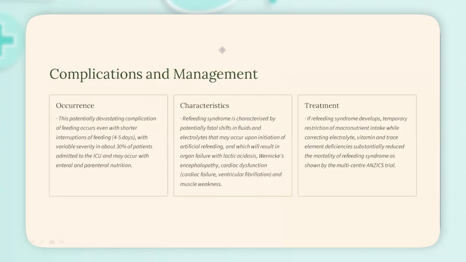The complications management is very simple. You anticipate refeeding syndrome, you correct the electrolytes before you go on giving TPN in the full dose, and then you optimize the vitamin, phosphate, potassium, and magnesium.